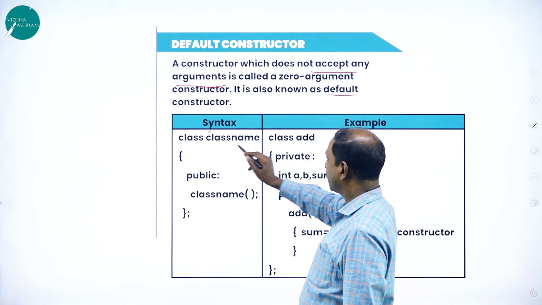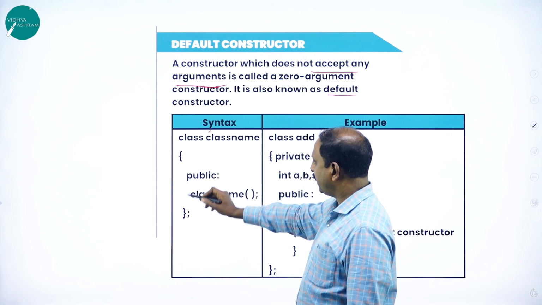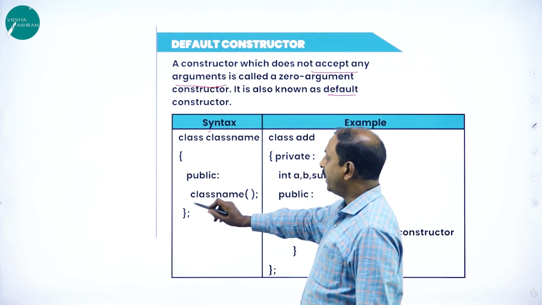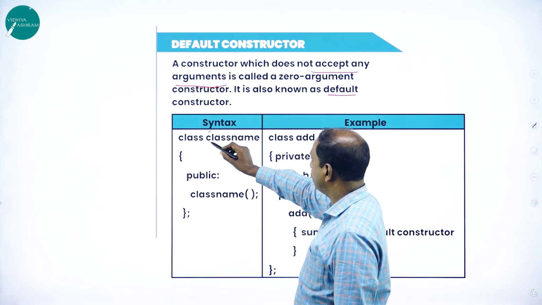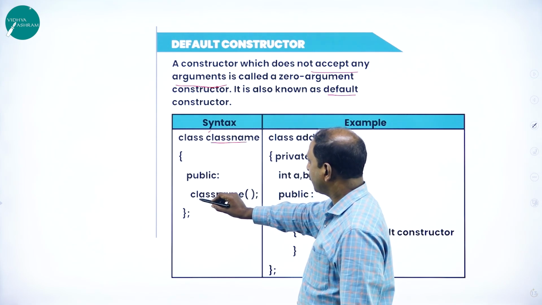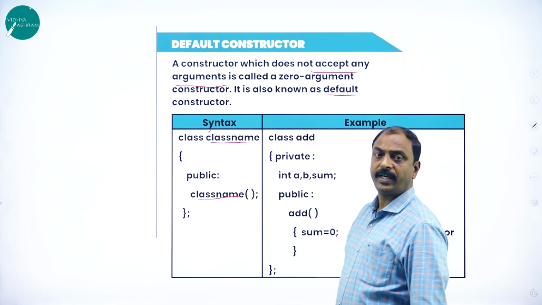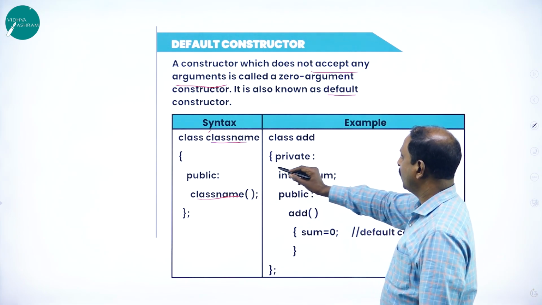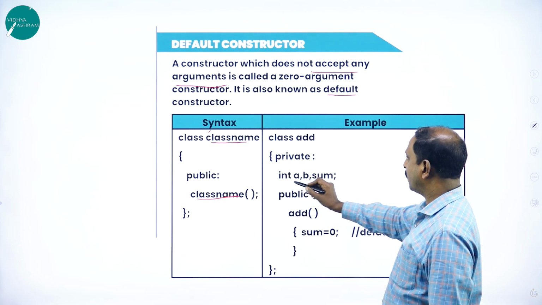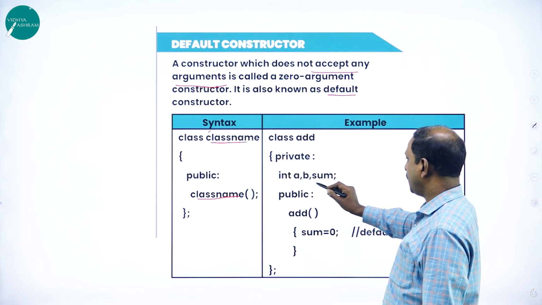Syntax: class name, open the bracket, and here we are closing the class, and inside that under public we use the same class name. This is the class name and the same class name is used to define the constructor. For example, class add, open the bracket, private, there are three variables a, b and sum.